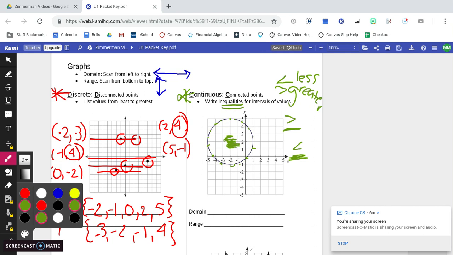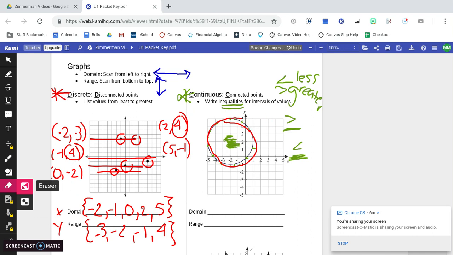Not every answer of your continuous domain and range are going to look the exact same, but if you have a completely enclosed shape, so what I mean by that is the circle connects all the points together. There's no arrows to make the graph go a different direction and continue on.